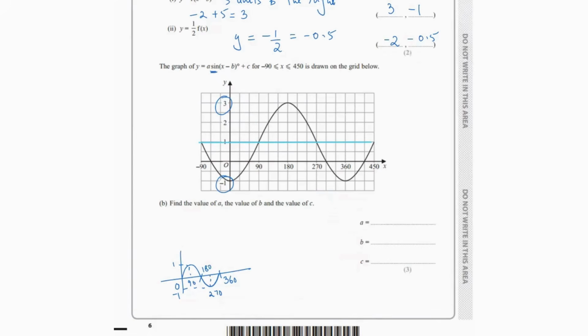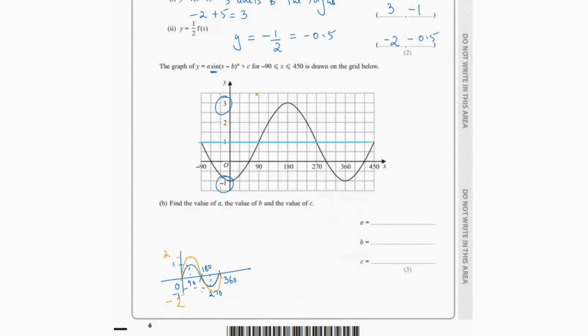You can see that the difference between the axis and the maximum value is 2, and the same goes for the axis and the minimum value. So if we multiply this by 2 first, your maximum value becomes positive 2, minimum becomes negative 2. After that, it has moved up by 1 unit.